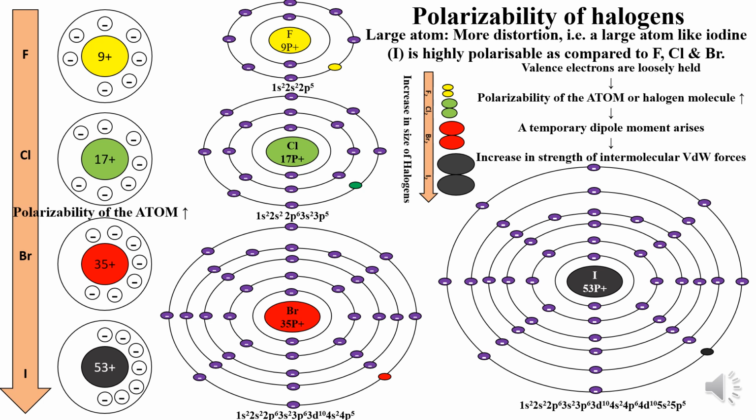Now so far our discussion is focused only with respect to the atom. Now let us discuss with respect to the halogen molecule, because as we know, halogens do not exist in the elemental form, that is atomic form. In fact, they exist in the diatomic molecular form by sharing of electrons.